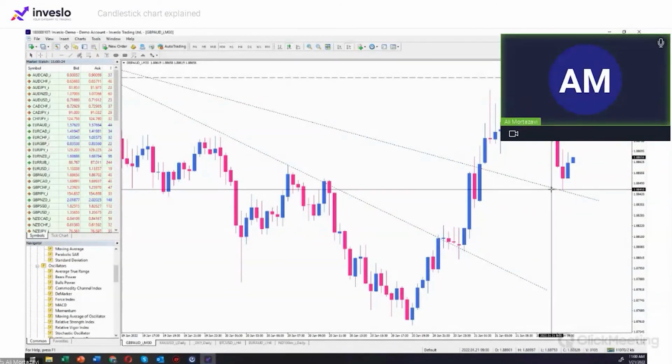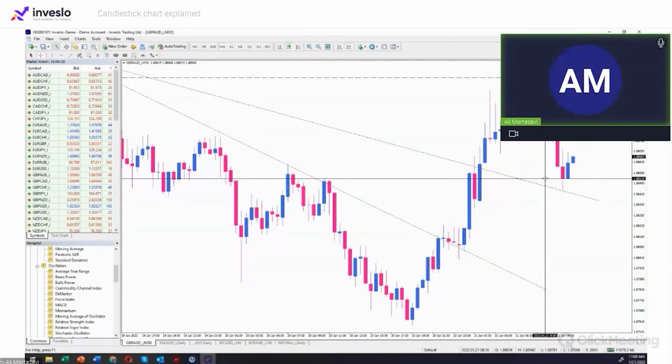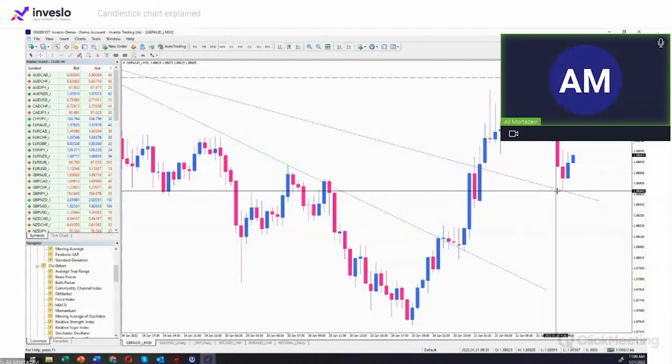And then when you see this lower shadow here, as I explained, we can take it as the rejection of lower prices from buyers. So then after that, we can call it a rebound from the support level.